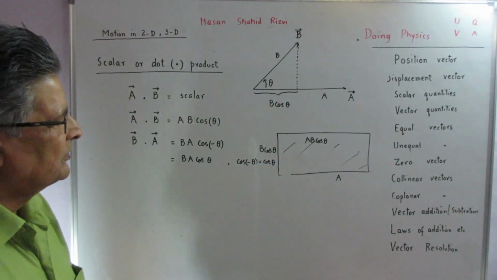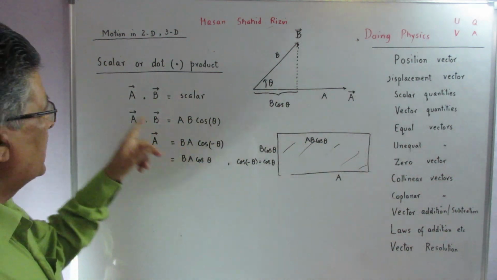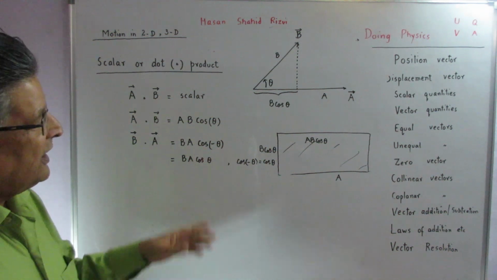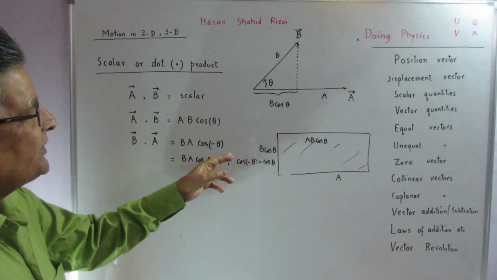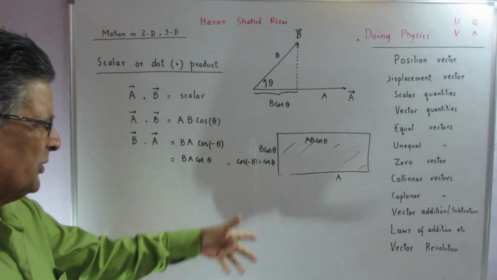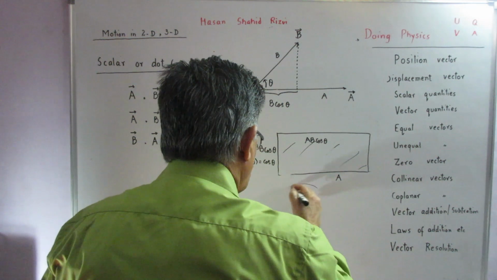Well, I will let you know now again as to why cos of minus theta is equal to cos of theta, and why sine of minus theta is equal to minus sine of theta, with a simple trigonometrical thing. I'll draw the reference circle.